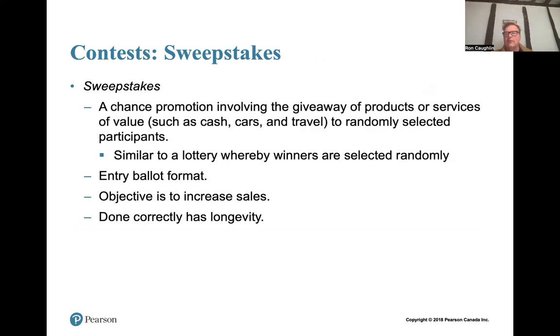But a lot of times you also have a ballot form, with the objective usually to drive and increase sales, and that's the whole idea. If it's done correctly, these types of promotions get repeated and they have longevity over time. Tim's is a great example of that.